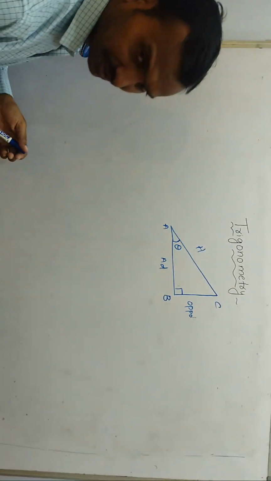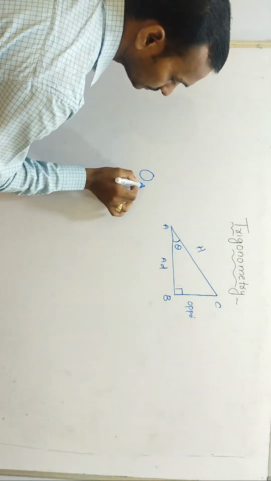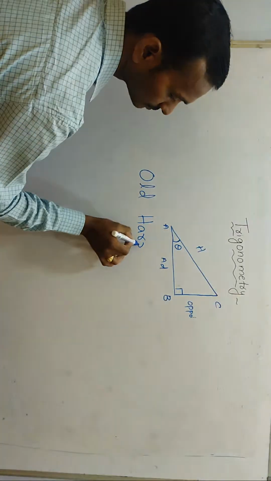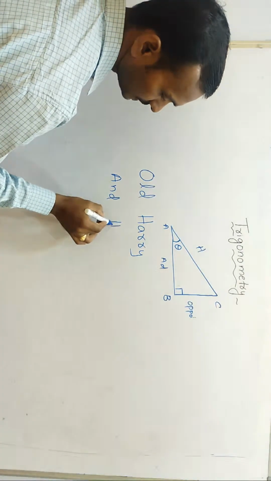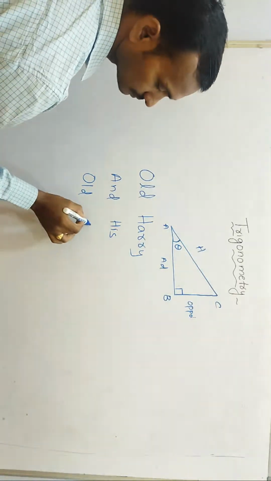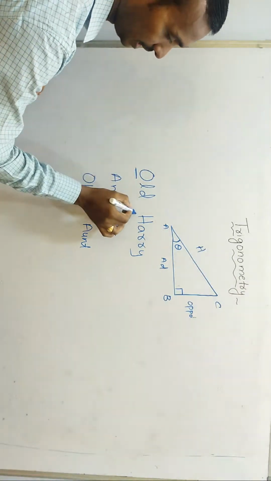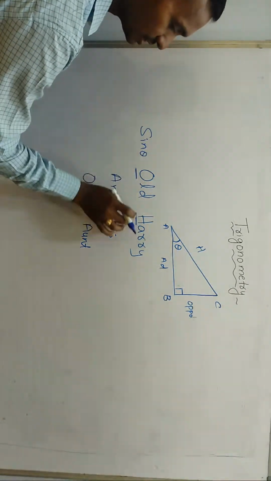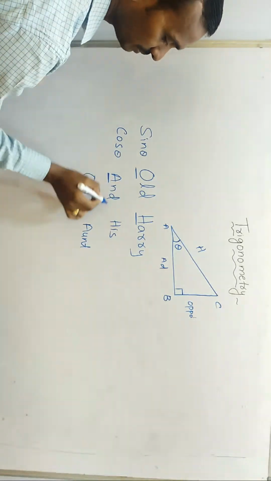Another way to remember the 6 trigonometric ratios is: old Harry and his old aunt. So OH will give you sine theta, opposite by hypotenuse. Next is cos theta, adjacent by hypotenuse.